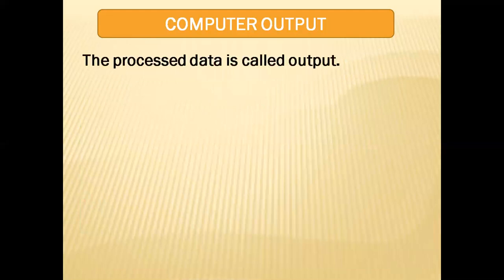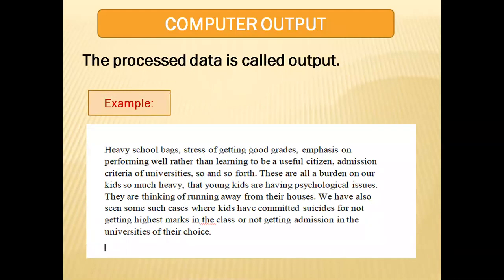And the processed data is called output. In front of you is the example that is free of all the spelling mistakes or all the other mistakes, right? Whatever problem that we are telling to the computer is our input.